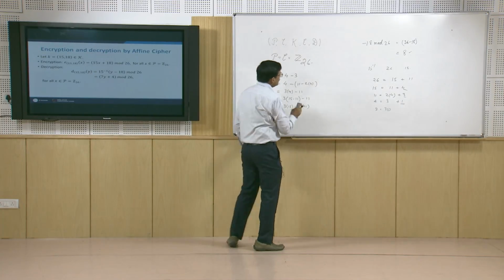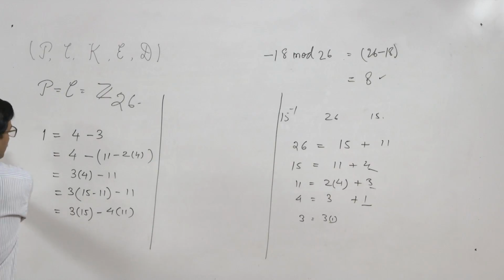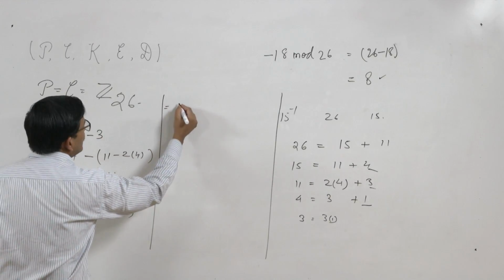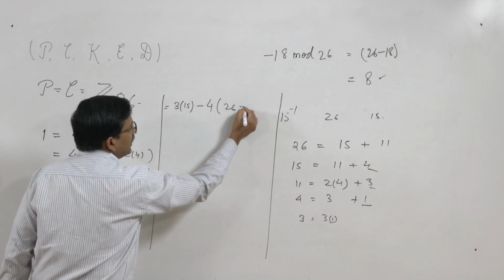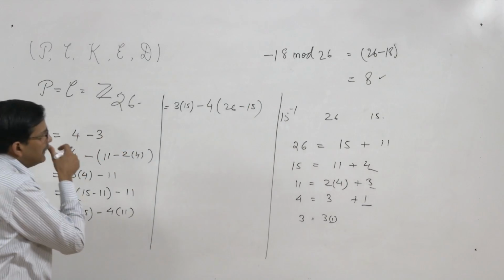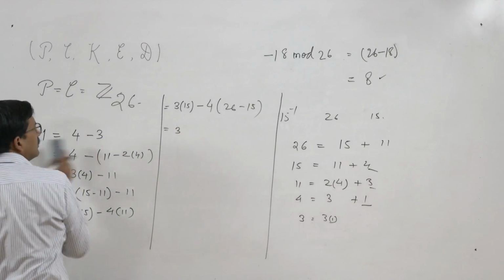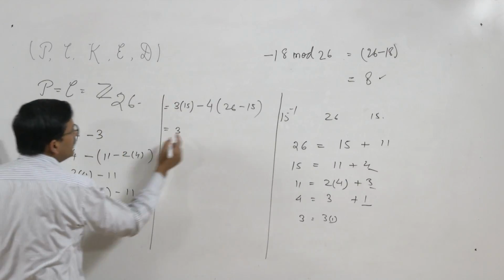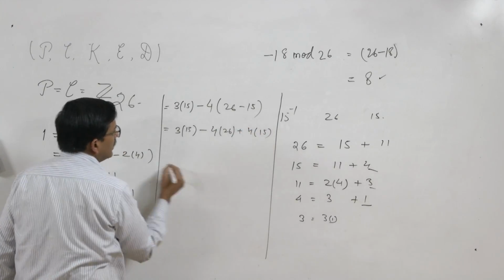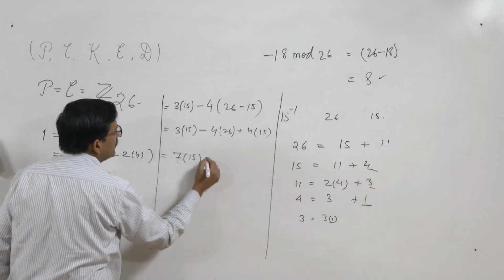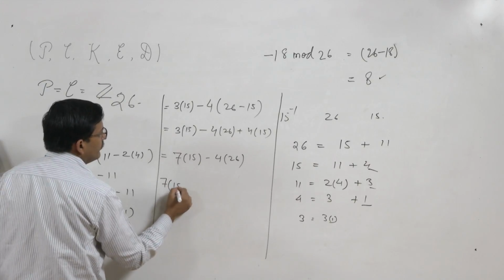So, for that let us use this space. So, for that we come here, 3 times 15 minus 4 times (26 minus 15), of course, and therefore, we have got, wait a moment, so it is 3 times 15 minus 4 times 26 plus 4 times 15, and that gives me 7 times 15 minus 4 times 26, and so I have 7 times 15.